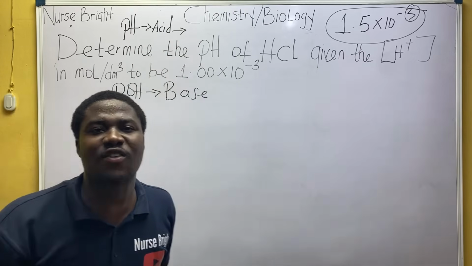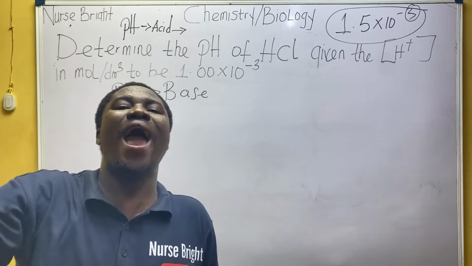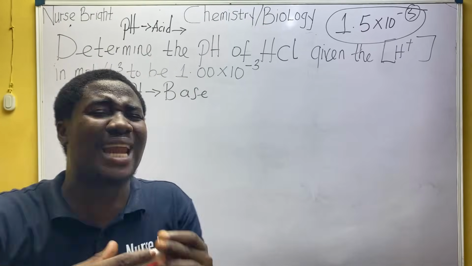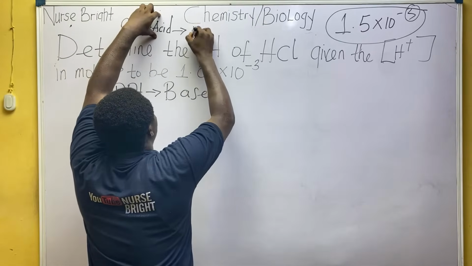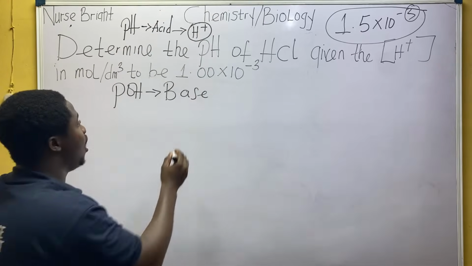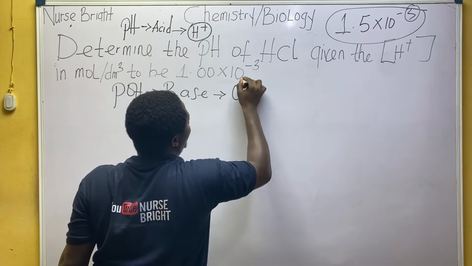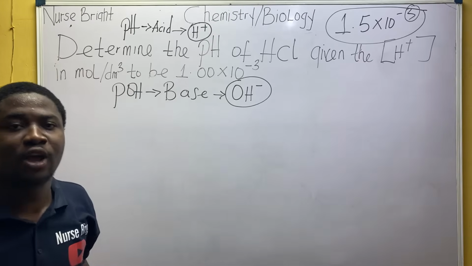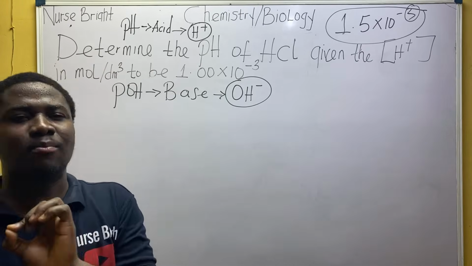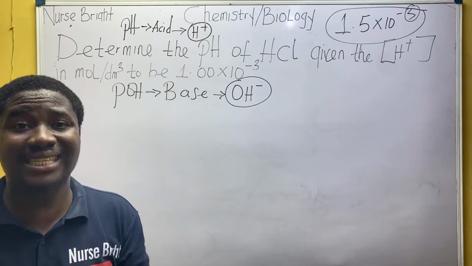According to Svante Arrhenius, acids are substances that, when dissolved in water, produce hydrogen ion as the only positive ion, whereas bases, when they dissolve in water, produce hydroxide ion as the only negative ion. So acids deal with H plus, whereby bases deal with OH minus. All these things are vital.